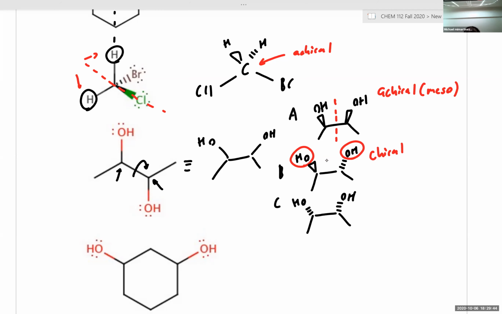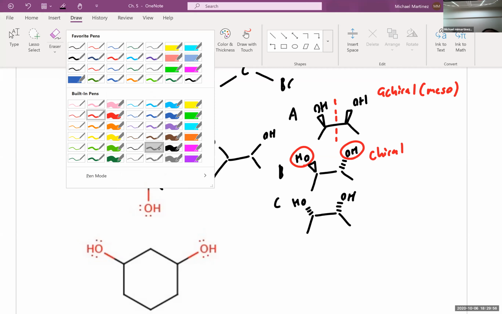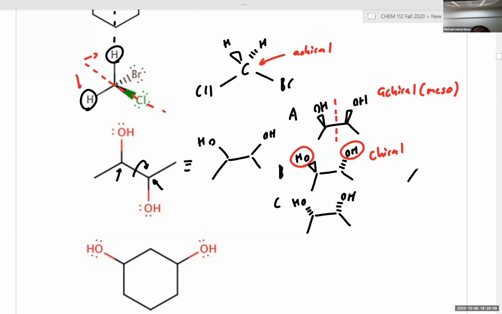Okay, so if we look at this structure's mirror image, if this structure is chiral, then the structure and its mirror image should be non-superimposable, and there should be no axes of symmetry present.